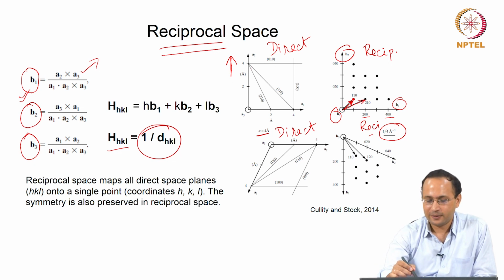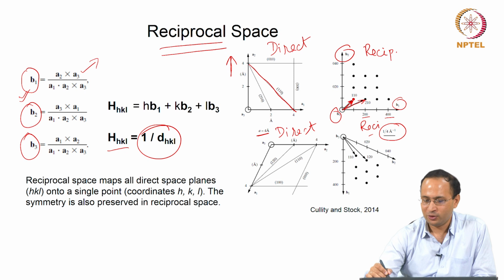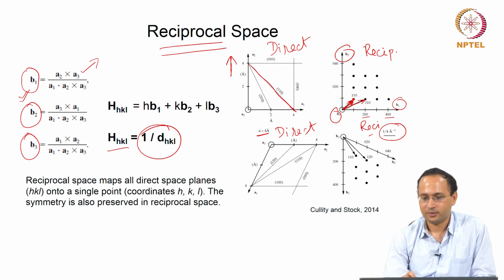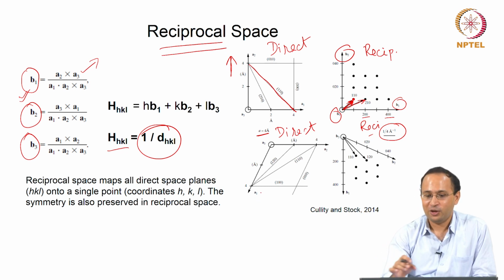Also notice that this is the 110 plane, and you have 110 here. Usually this vector will be perpendicular to the plane. You see this vector is perpendicular to this plane, and similarly this one is perpendicular to this. So what is the advantage? You can map the planes to a point.